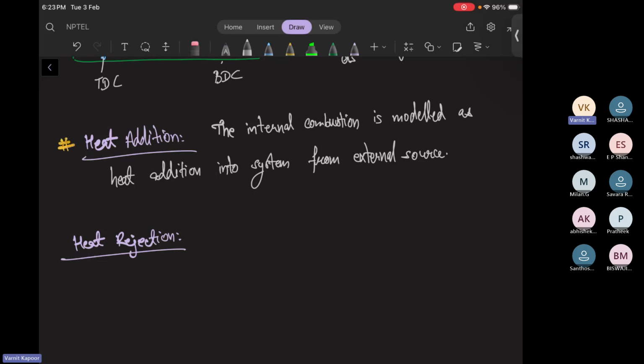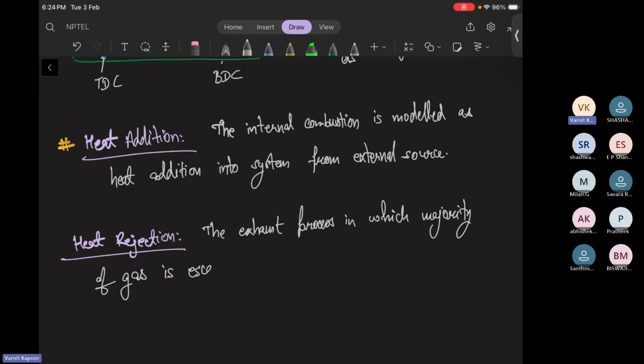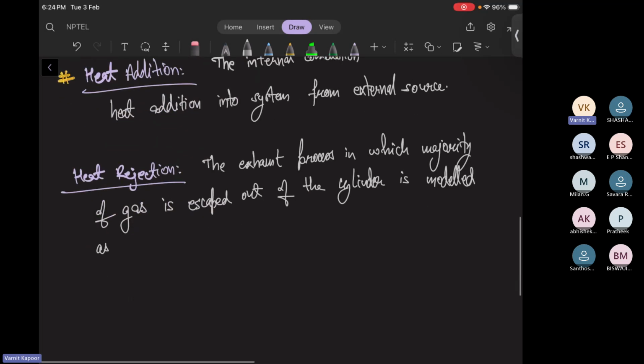So the exhaust process in which the majority of gas escapes out of the cylinder is modeled as heat rejection.